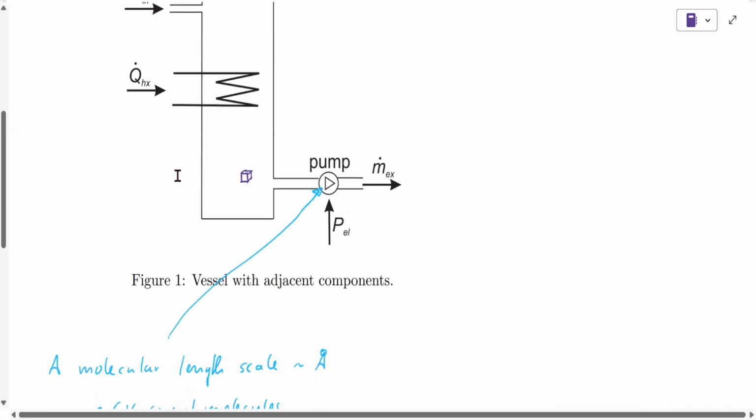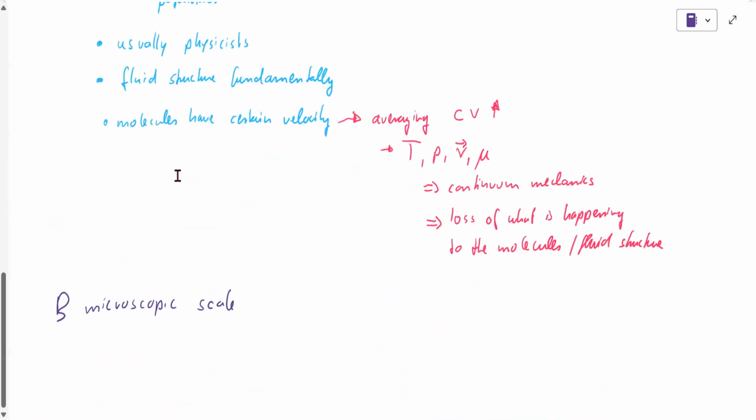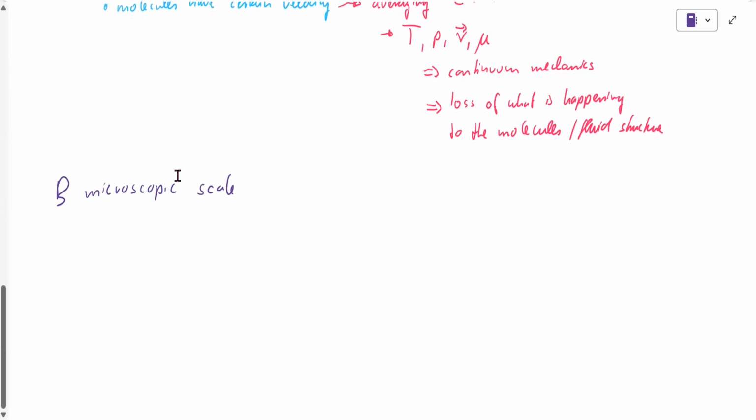So this one here would be a microscopic scale. In the microscopic scale, we have an infinitesimally small control volume, and we also have an infinitesimal balance.